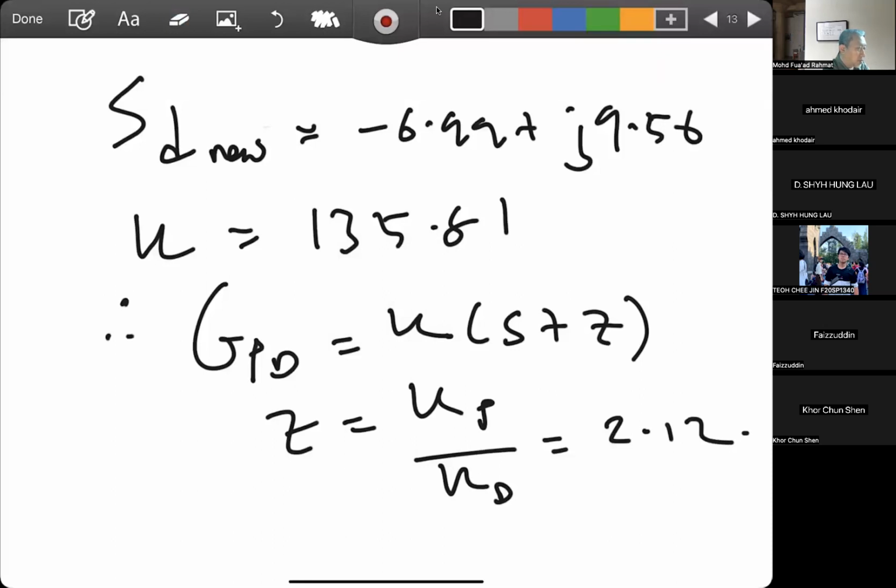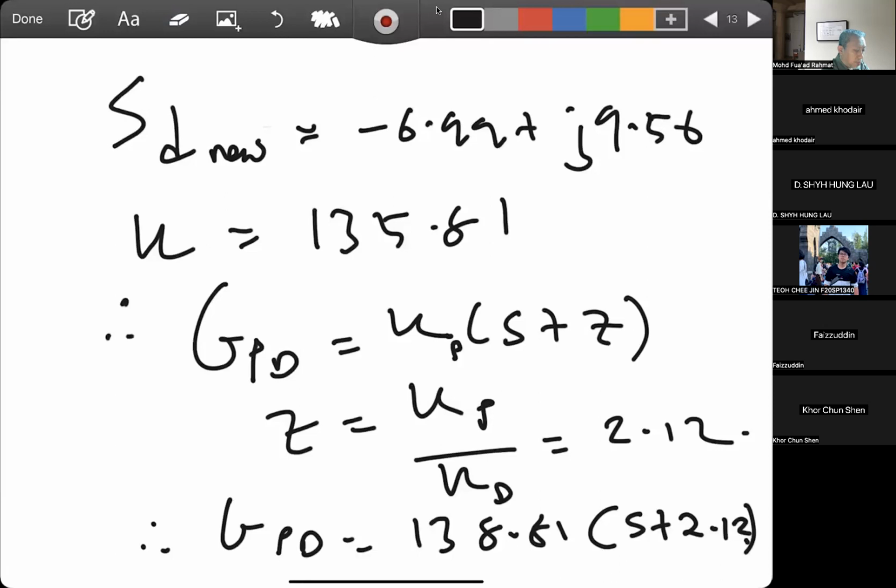Okay. So this one will be the KP. So GPD is equal to 138.81 times s plus 2.12. So that is your PD controller.